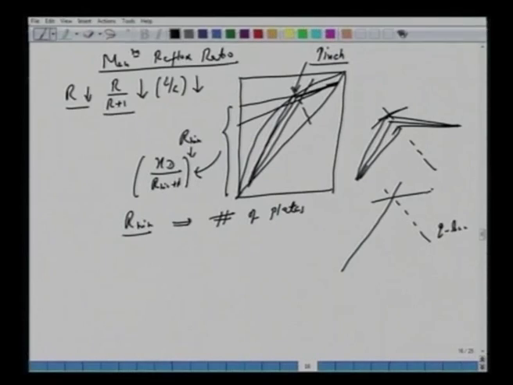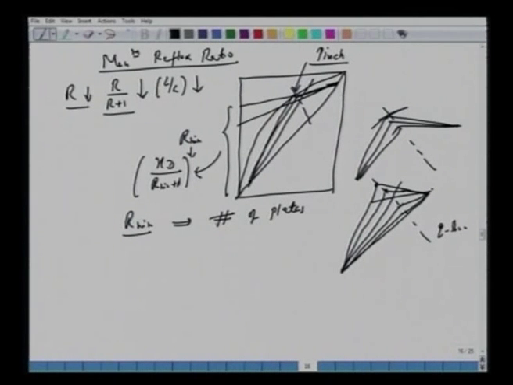In one case, you must have noticed that the slope increases like this till it coincides with this 45-degree line. In the other case, it's moving upward, like this, like this, till it makes a pinch here. Okay, so that's the argument for the minimum reflux ratio and the maximum reflux ratio.